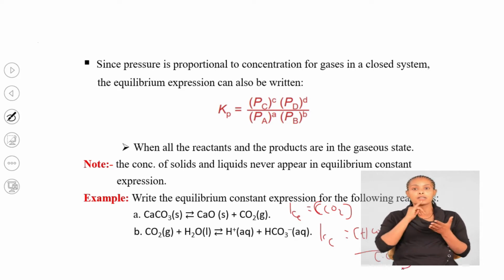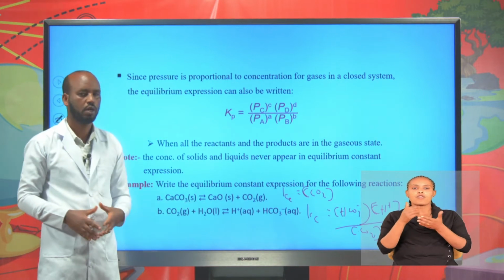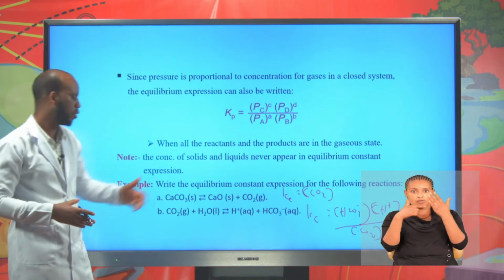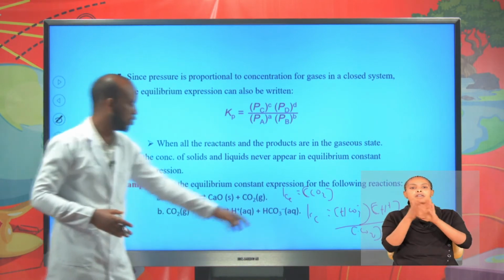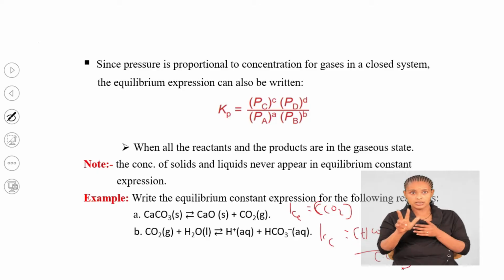This is liquid. Concentration terms which involve liquids do not appear in the equilibrium constant expression. Therefore, the equilibrium constant expression for this reaction is Kc equals HCO3 minus concentration times H plus concentration divided by carbon dioxide concentration.